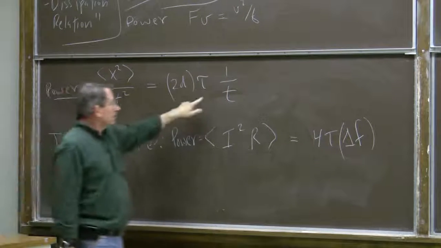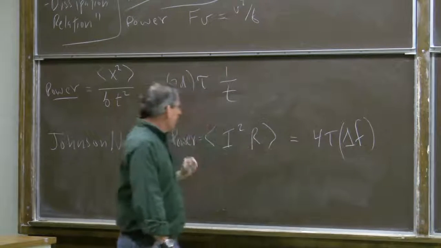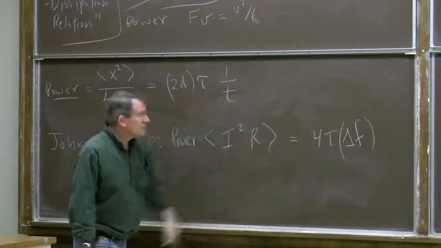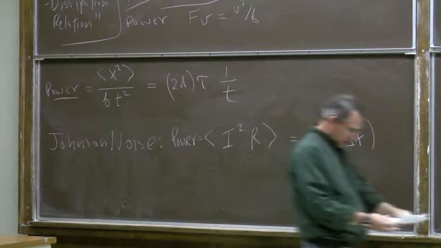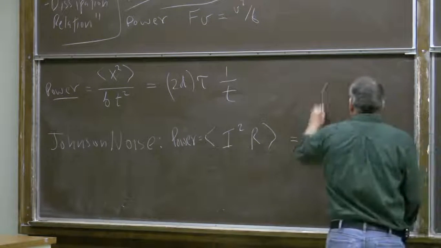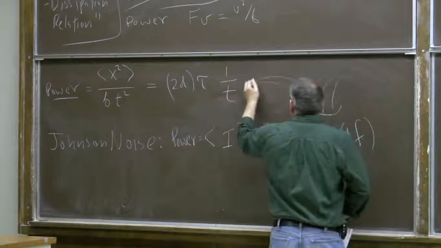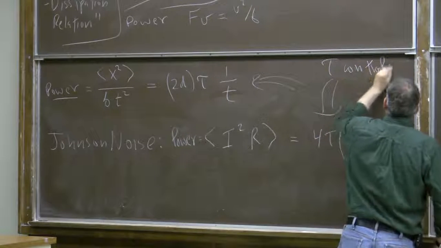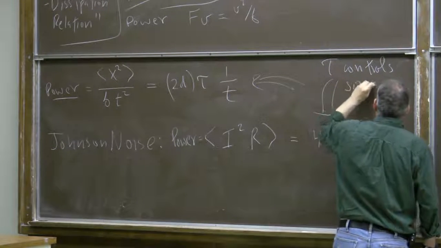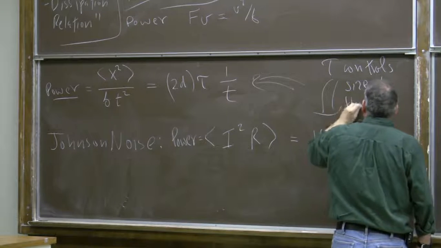And the size of the fluctuations scales with the temperature. Okay? Higher temperature, larger fluctuations. That's a fluctuation-dissipation relation. So tau controls the size of fluctuation.